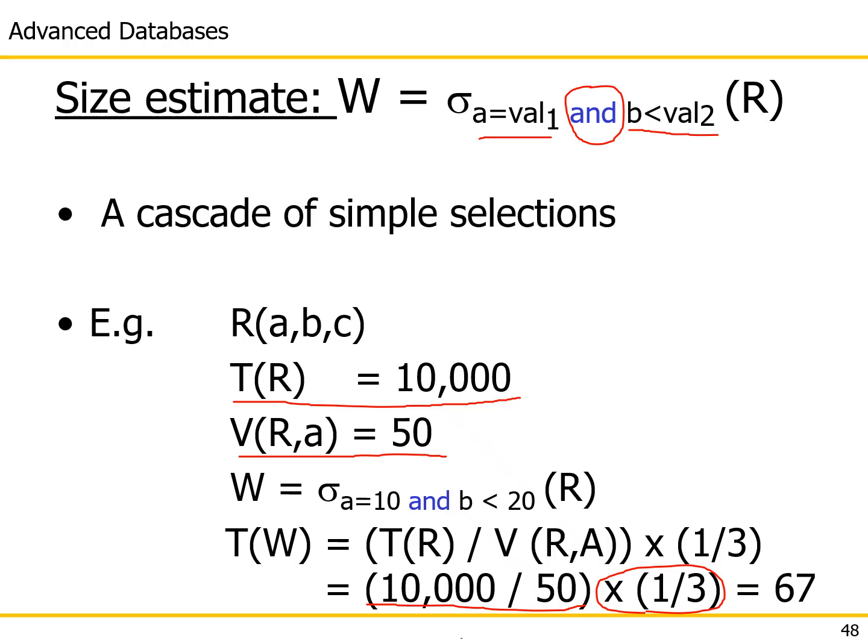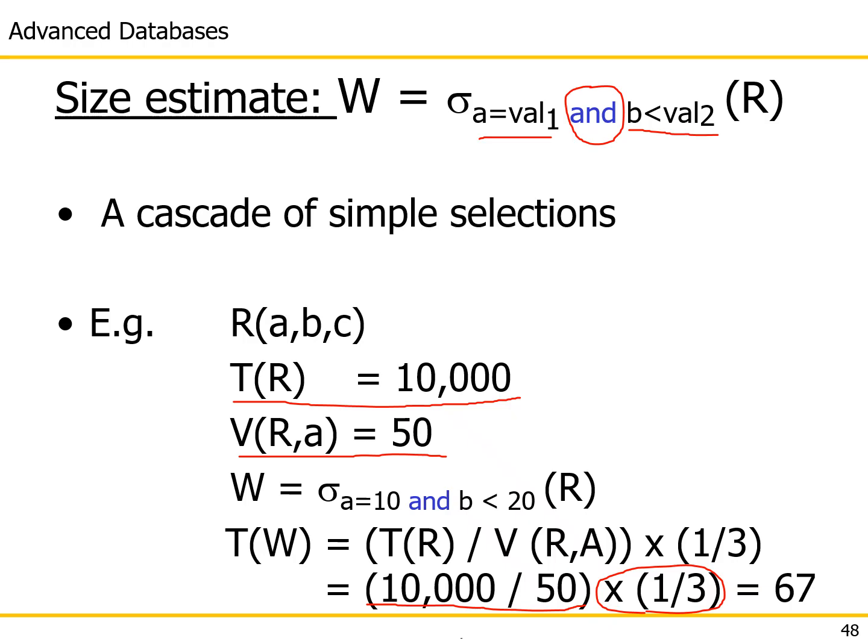What we're going to do is compute the estimate for every term separately. So A equal to val 1, this is an exact value estimation, so it's going to be 1 over the total number of unique values in A multiplied by total number of rows. You see over here that the total number of unique values in column A is 50, and the total number of rows in this relation is 10,000.